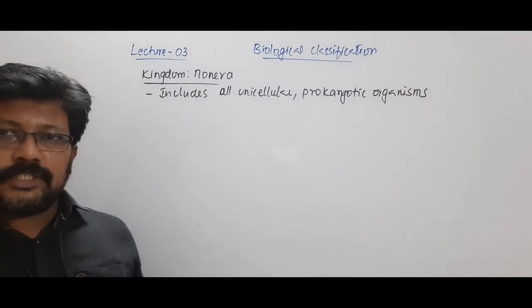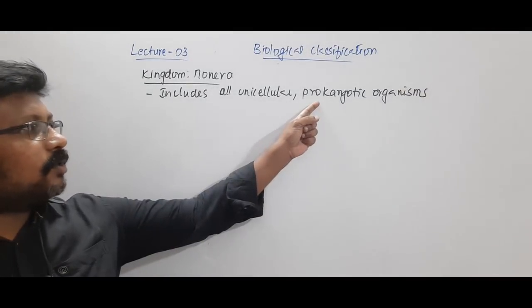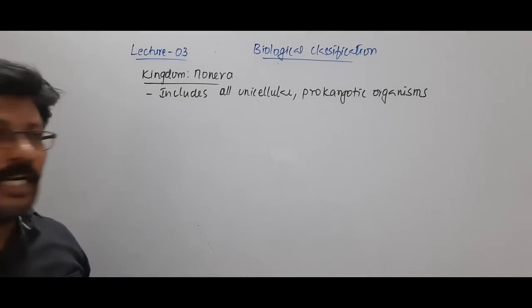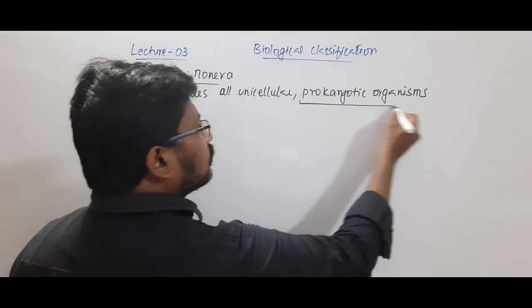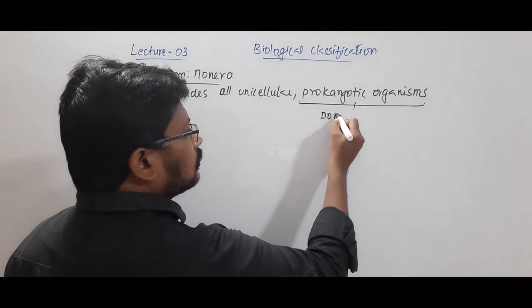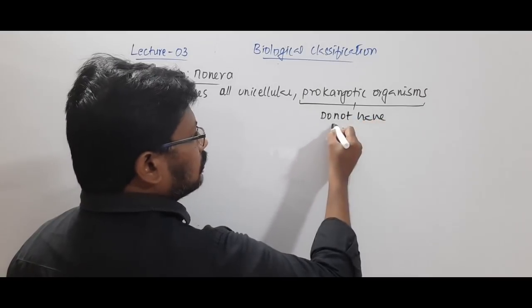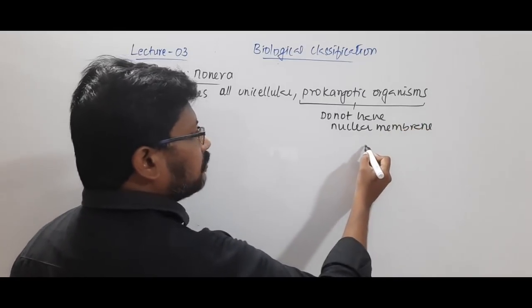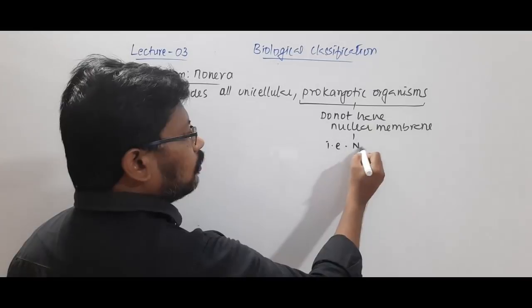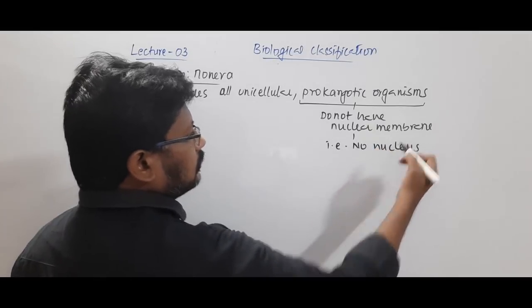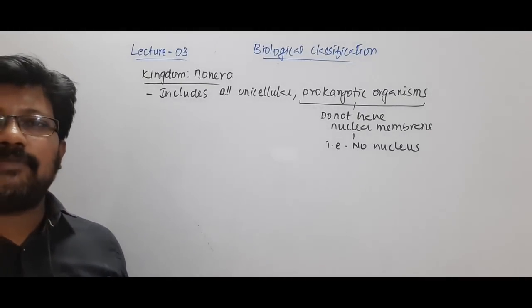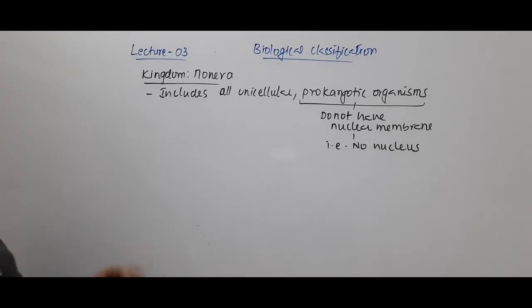And I already mentioned in the last session that prokaryotic means these are organisms that don't have a nuclear membrane. So if they do not have a nuclear membrane, then there is no nucleus. So they don't have a nucleus, and their body is made up of only one cell. So that's what we call unicellular.